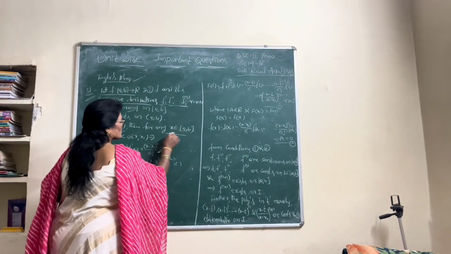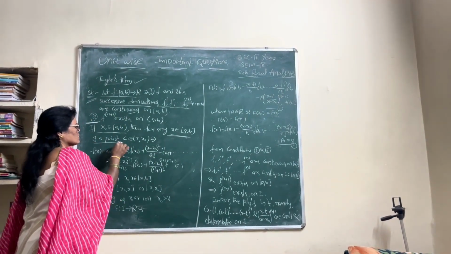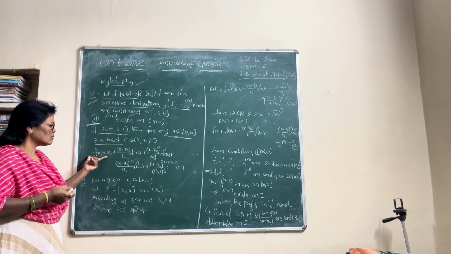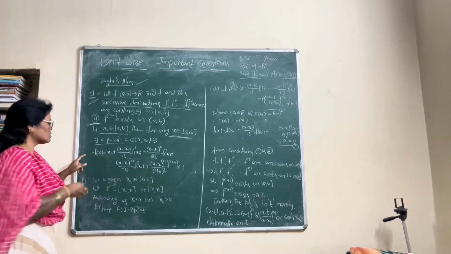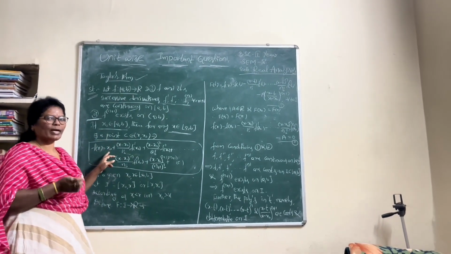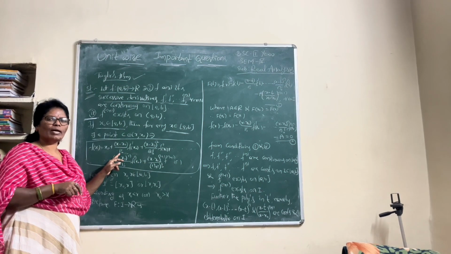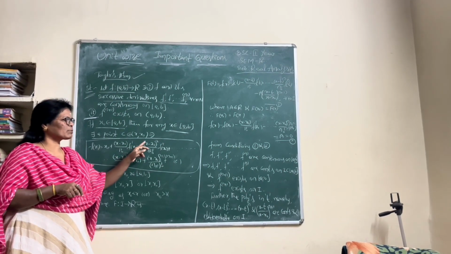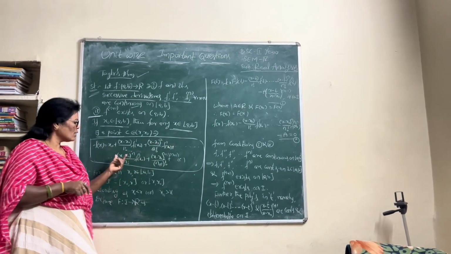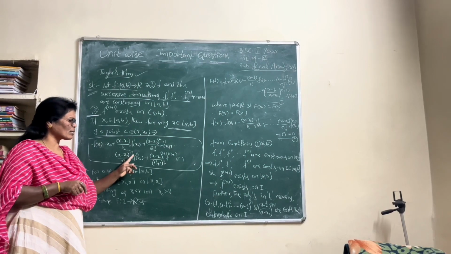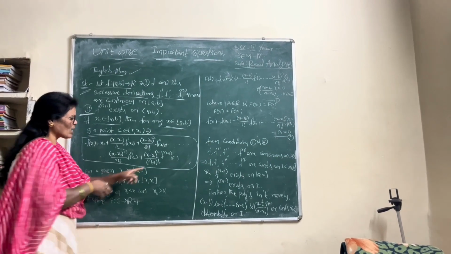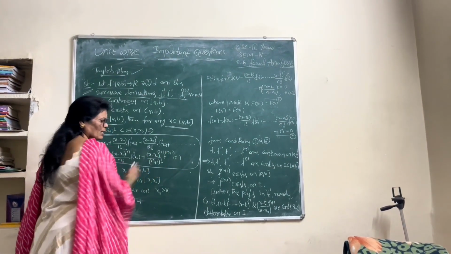Then for any x in [a, b], there exists a point c in the open interval between x and x naught such that the Taylor series condition holds: f(x) = f(x naught) + (x - x naught)/1! f'(x naught) + (x - x naught)^2/2! f''(x naught) + ... + (x - x naught)^n/n! f^(n)(x naught) + (x - x naught)^(n+1)/(n+1)! f^(n+1)(c).